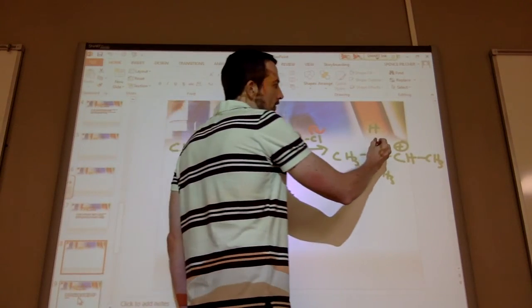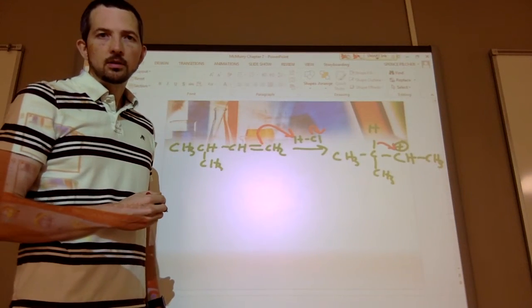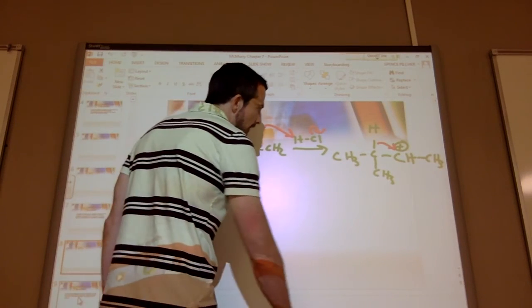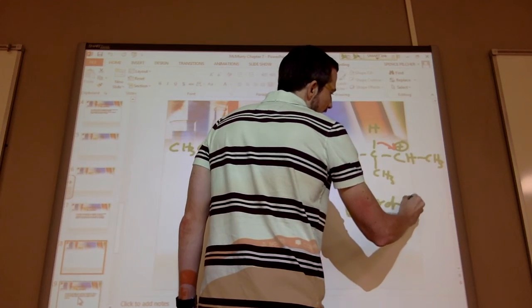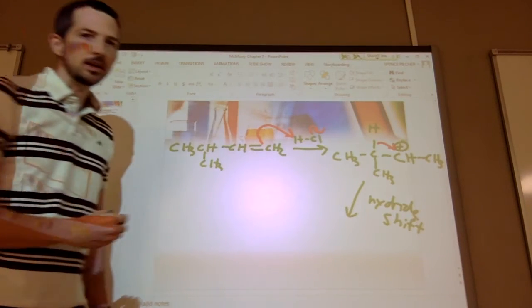So this hydrogen shifts over to that carbon, and that's termed a hydride shift, because the hydrogen with the electrons are moving to that adjacent position.